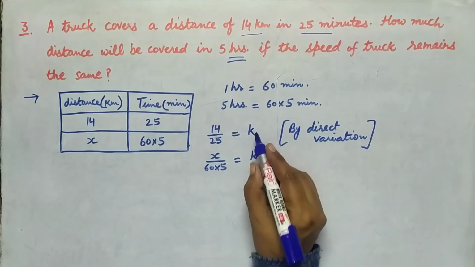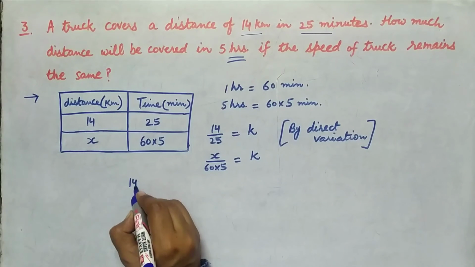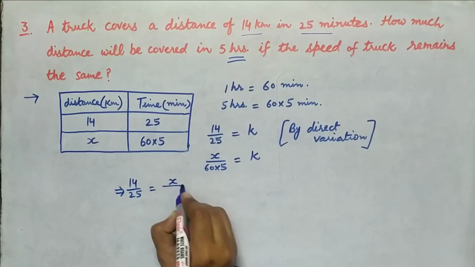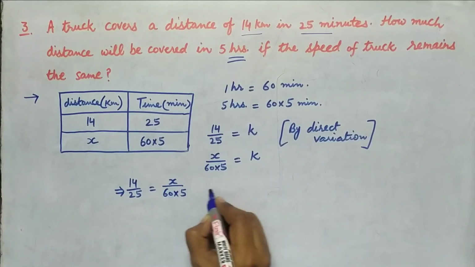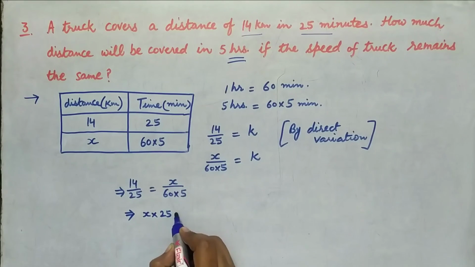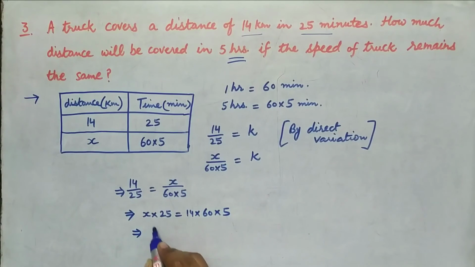Now right hand sides are equal, therefore left hand sides will be also equal. 14 by 25 is equal to x by 60 into 5. Now doing the cross multiplication, we have x multiplied by 25 is equal to 14 multiplied by 60 into 5, and this gives x is equal to 14 into 60 into 5 upon 25.